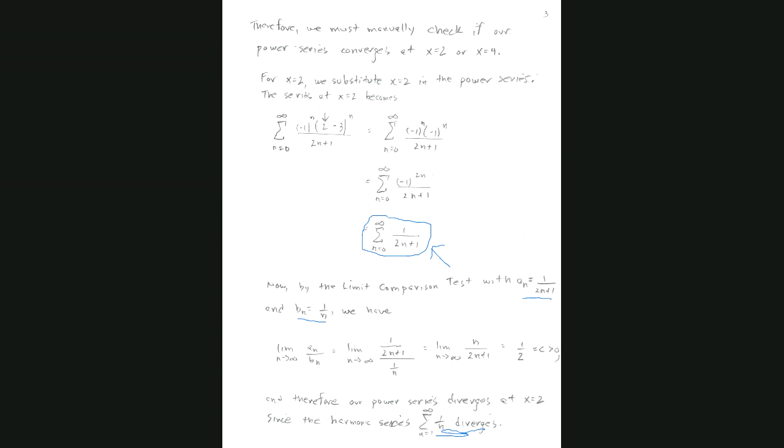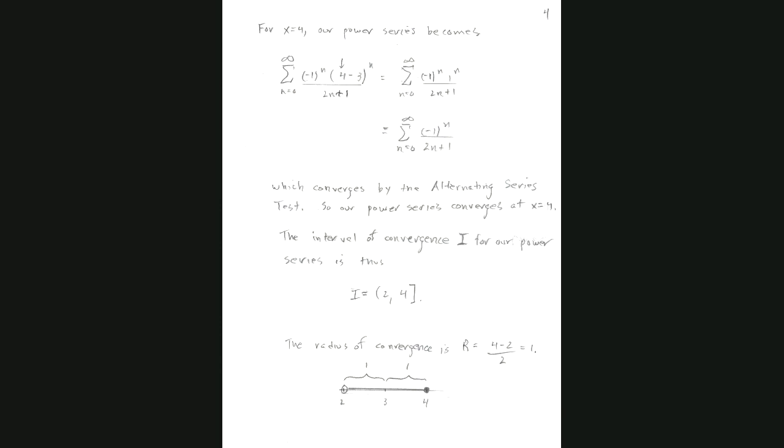Thank you. Okay, so now we have to look at x equals 4. No questions here, so we'll move on. Okay, x equals 4. For that, we substitute in x equals 4 into our power series.